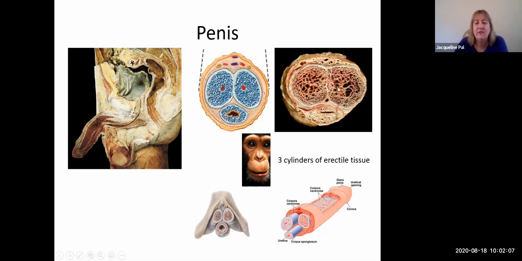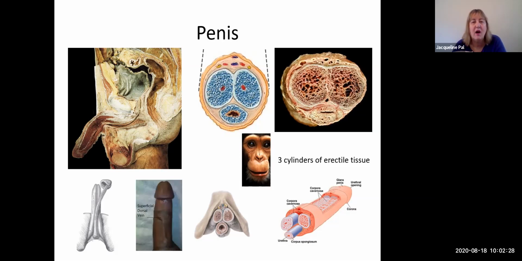And so each of these is called a corpus cavernosum. So the three erectile tissues are going to be important for an erection, and they play a role in a satisfactory sex life and orgasm, obviously. Also, on the dorsal side of the penis, there is a superficial dorsal vein.